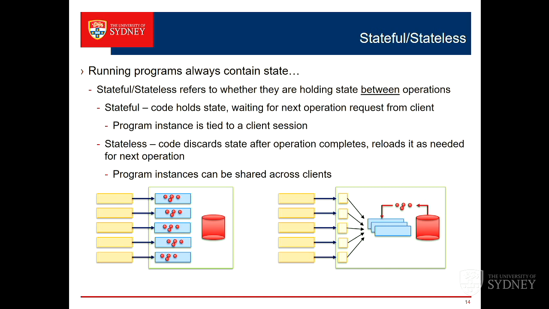You say, oh, this is session 581, I'll go and retrieve 581's session state from the state store. Now I can do the operation for you. And that's the way you'd normally write this type of code. So, stateful and stateless: programs always have state, it's just whether they have any between the operations. Does that make more sense than what I said last week?